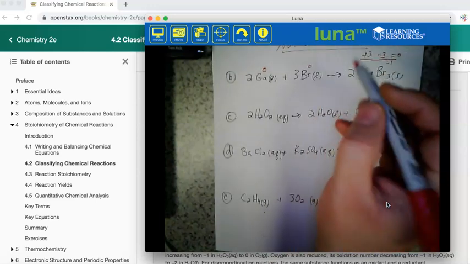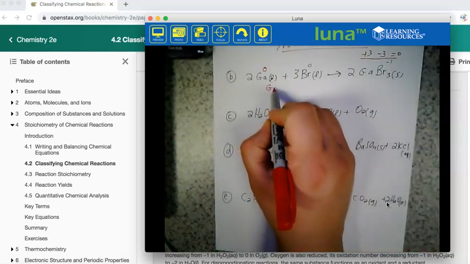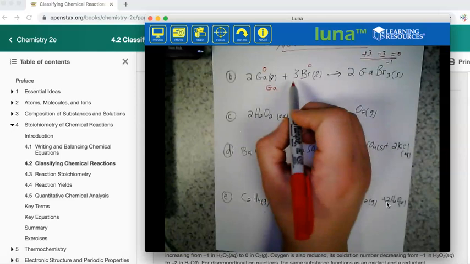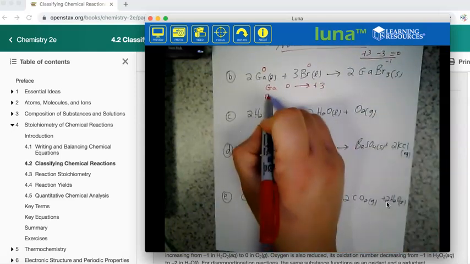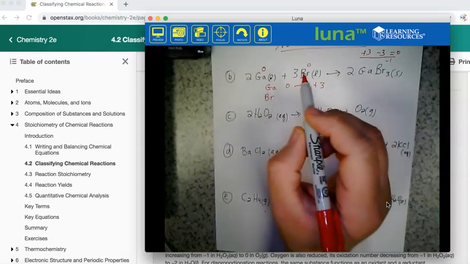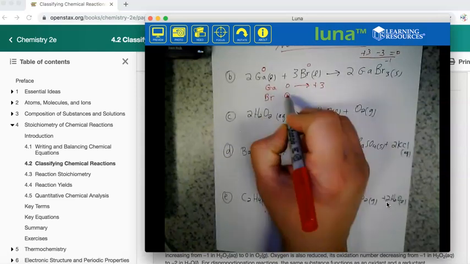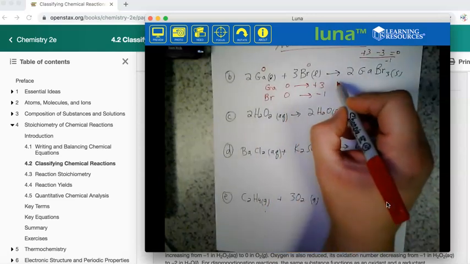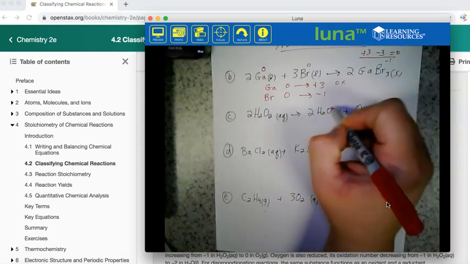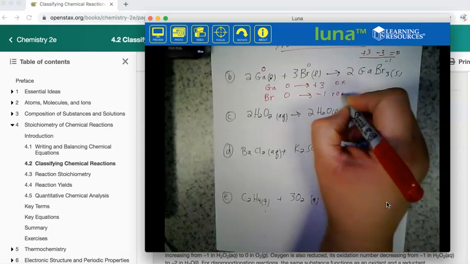So gallium went from 0 to a +3, and bromine went from 0 to a -1. So gallium became oxidized, bromine became reduced.